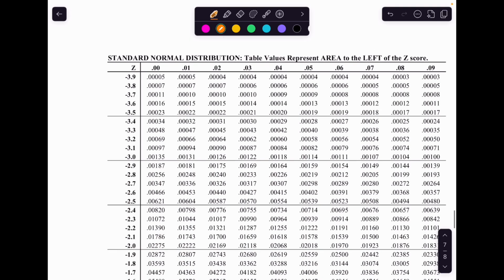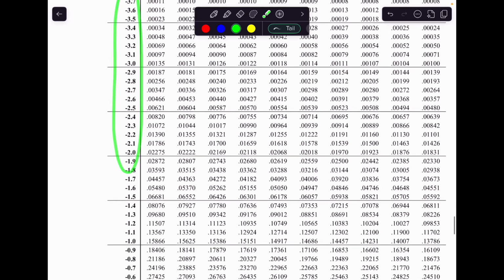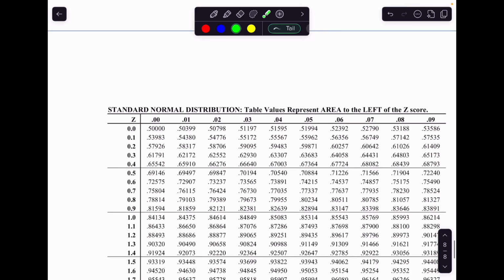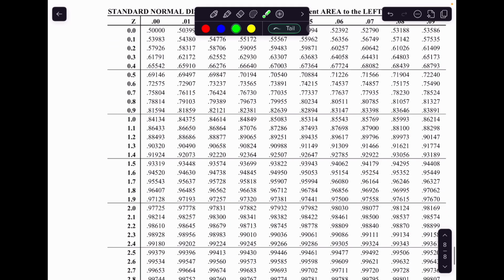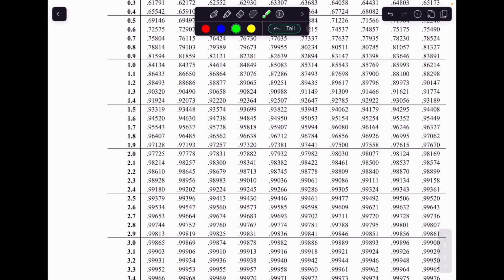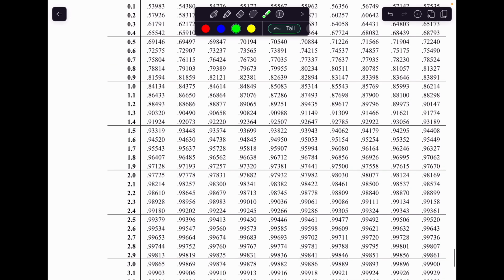So what happens is you're going to have a giant table. You have a bunch of negative z-scores first, and then you can see it cuts to 0. And then there's a whole other table for z-scores that are positive as well. Negative means it's to the left of that mean of 0. Positive is to the right.